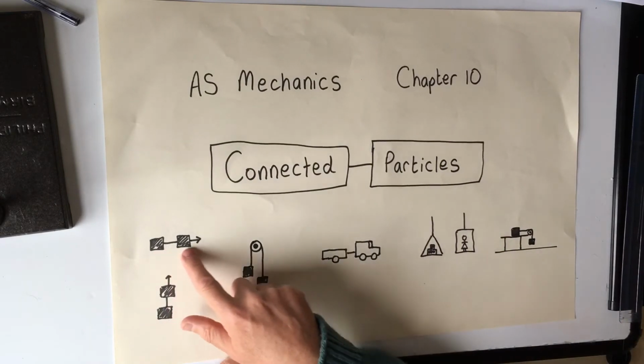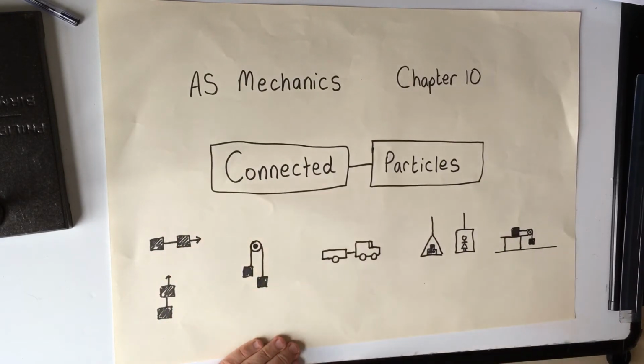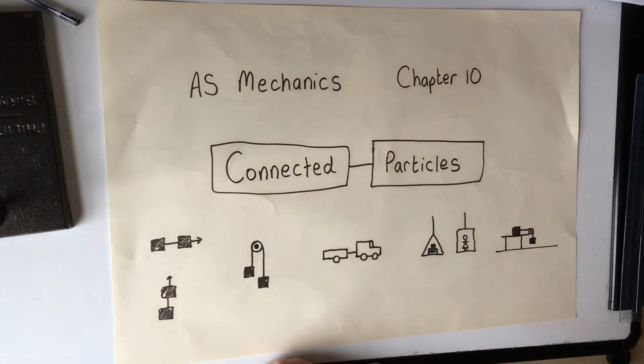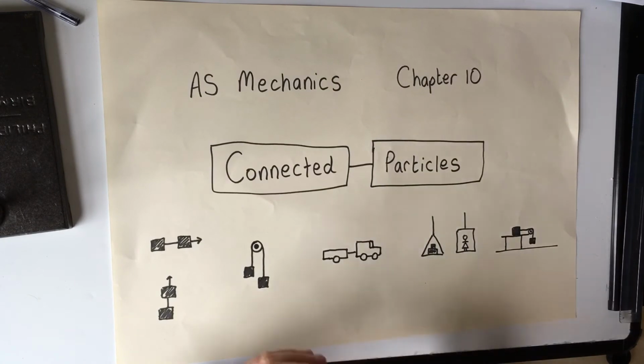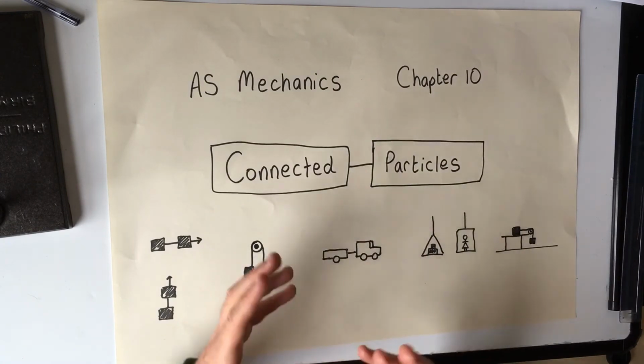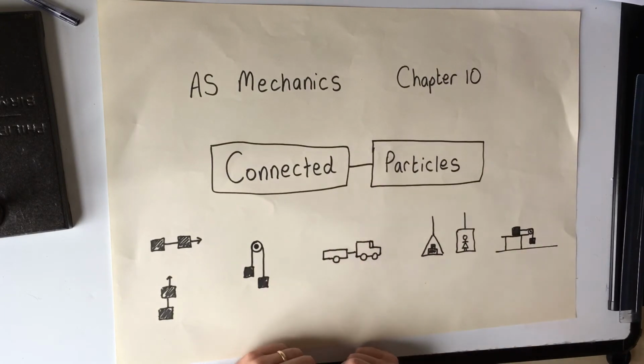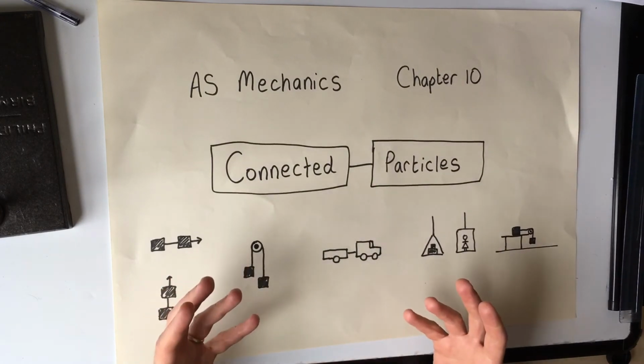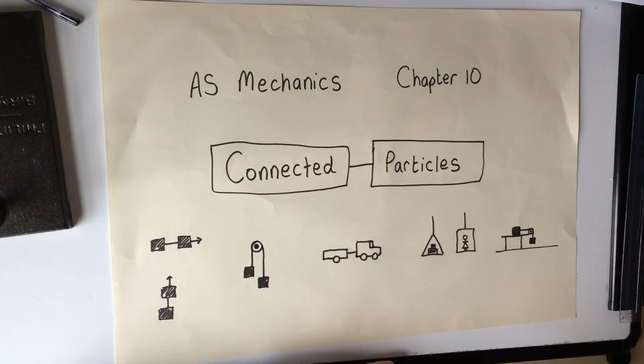We were dragging that across, but we're not going to look at friction there. We're going to say it's so smooth there's no friction at all. Not really, but that's what we're going to do. There is more to friction than just a simple force. There's a way of breaking down that force, but that only comes into A2.